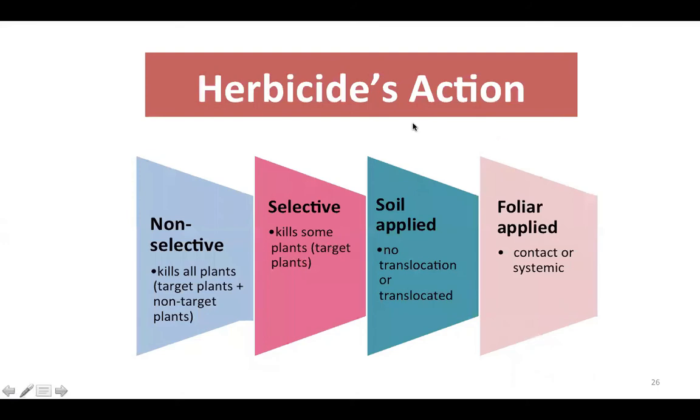They can also be applied directly to the field where no translocation is required for the herbicide to act on the plant. They can also be applied as a foliar application, by direct contact or systemic action.